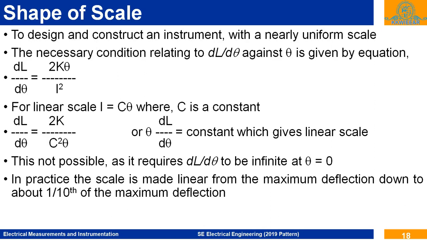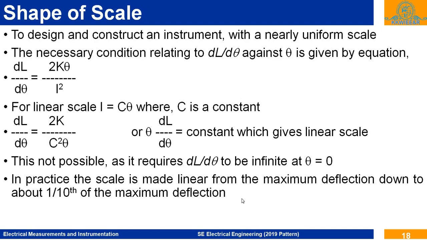So when the deflection is 0, at the initial condition theta is 0, dL by d theta is infinite. In practice the scale is made linear from the maximum deflection down to about 1/10 of the maximum deflection.